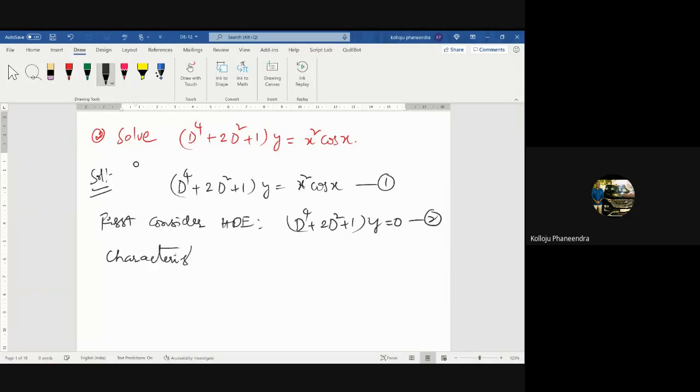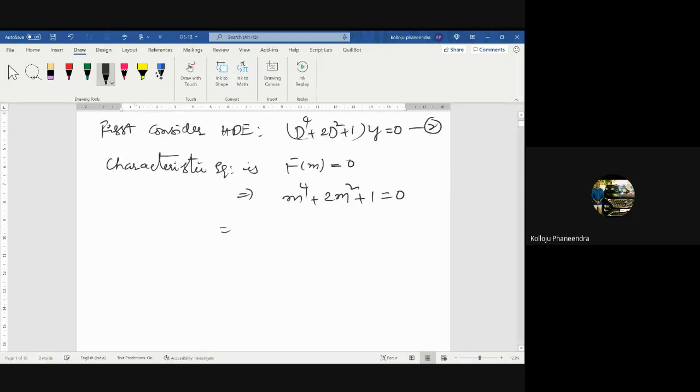The characteristic equation is f(m) = 0, that implies m^4 + 2m^2 + 1 = 0. That is (m^2 + 1)^2 = 0, that is m^2 + 1 = 0 and m^2 + 1 = 0.